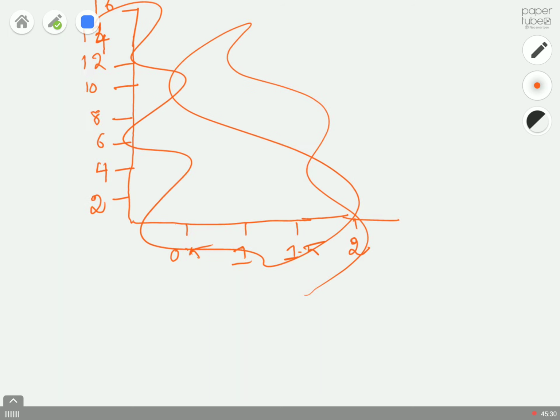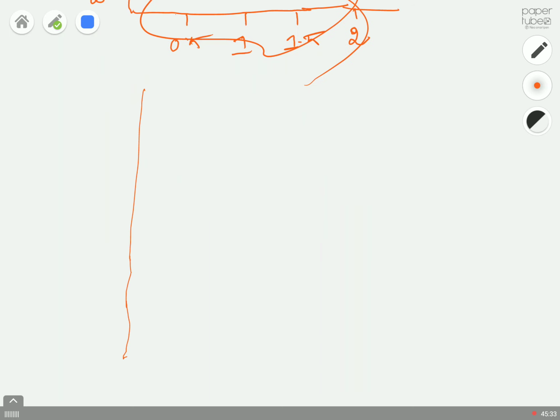I think I should be careful. So this value should say 2, 4, 6, 8, 10, 12, 14, say 16.